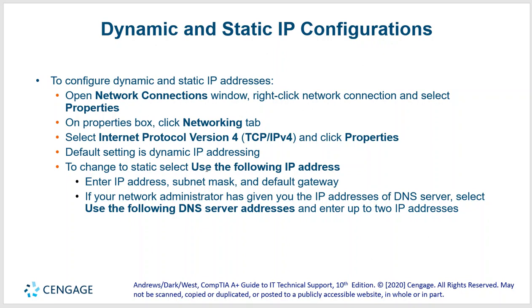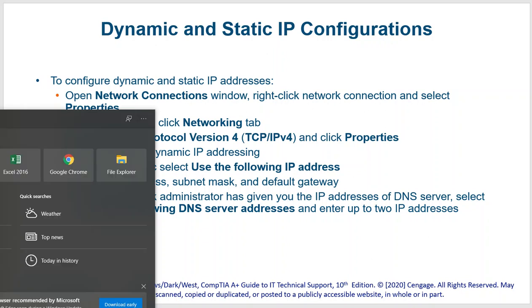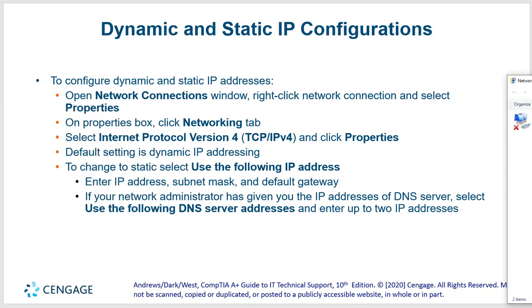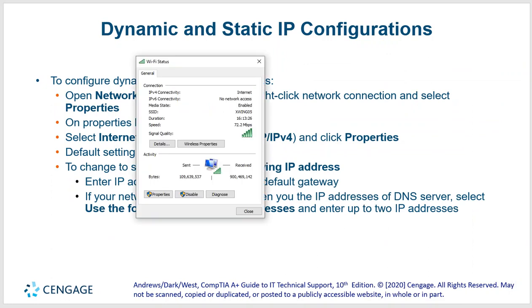Okay, so to change those settings, you need to go into network connections, properties. Oh, I'll show you. Go into network connections. So I've typed that in the search bar.